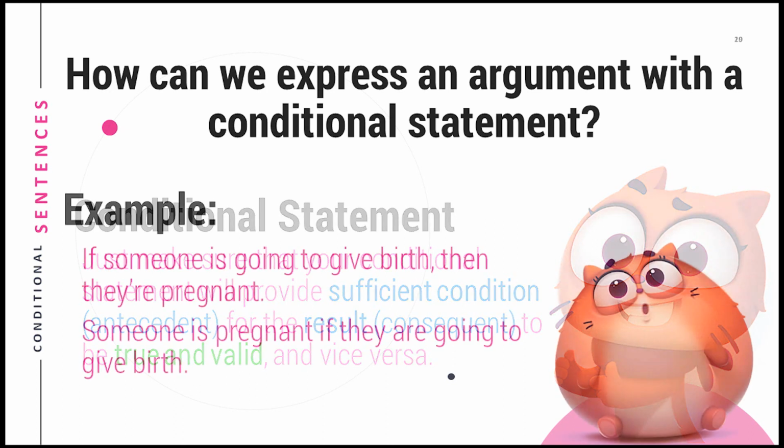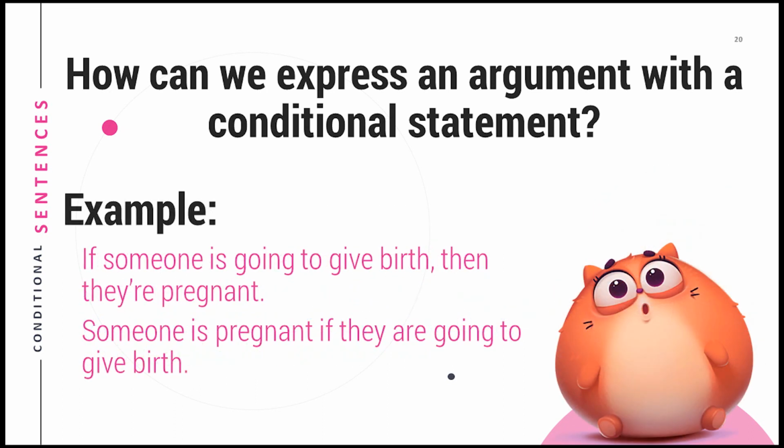For example, if someone is going to give birth, then they're pregnant. If we're going to change the format into format B, someone is pregnant if they are going to give birth. Examining this example, we can say that the condition is sufficient for the result and the result is sufficient for the condition. How? Because no one can give birth if they are not pregnant at all.